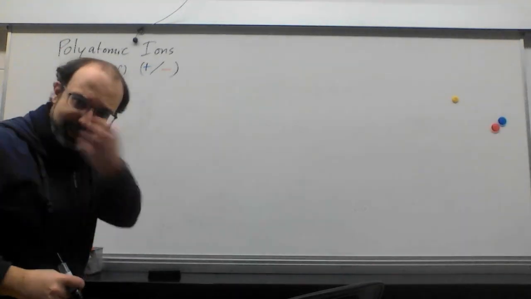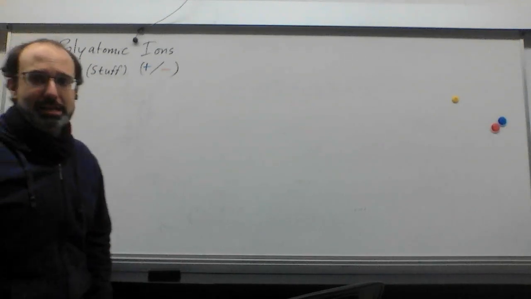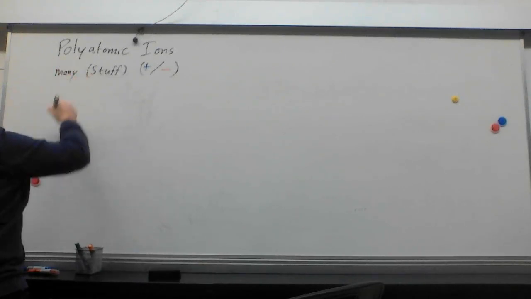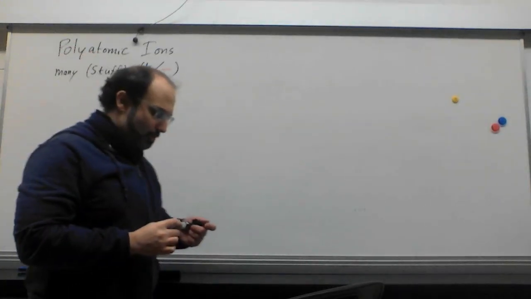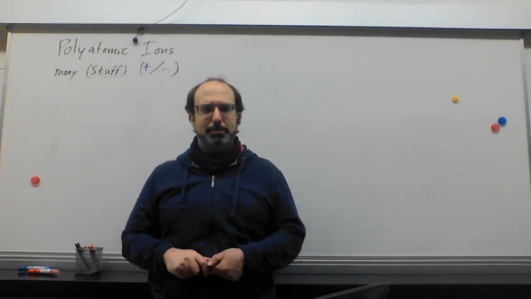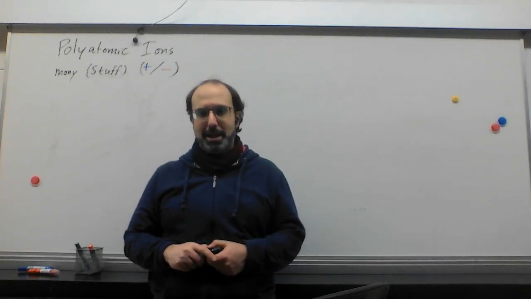The stuff that makes up everything in the universe. Well, there's only this one thing in the front that we don't necessarily know what it means. Poly, what does that mean? Poly basically means many. So many stuff ions, many stuff positive and negative, or put another way, many atoms that make an ion.